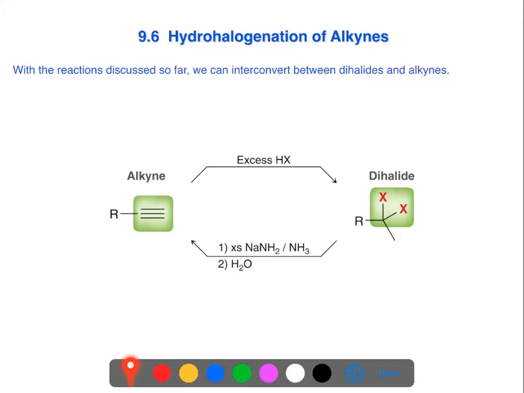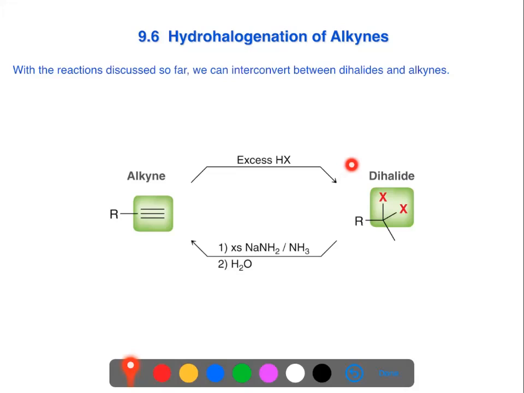So from the reactions that we've discussed so far, we now can show that we can interconvert between alkynes and dihalides. So we just saw that we could take an alkyne and with hydrohalogenation in the presence of excess hydrogen halide, we can prepare a dihalide, a geminal dihalide.